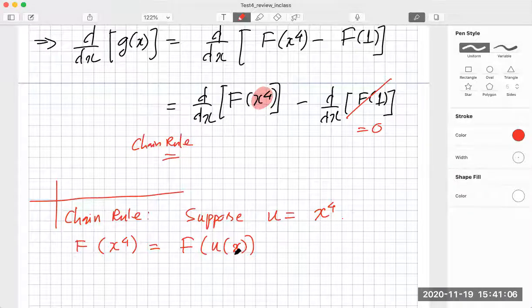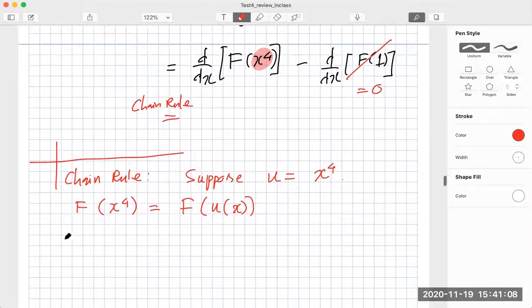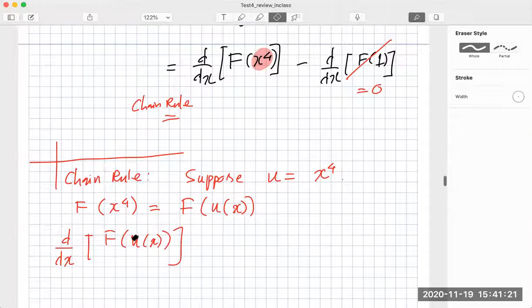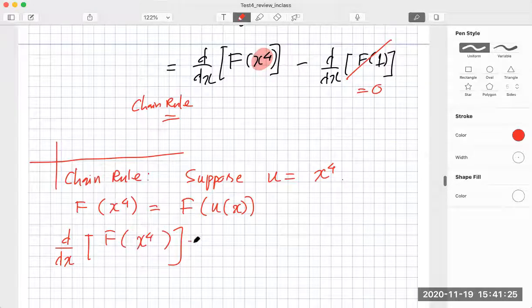Yeah. Okay, very good. Now our job is to compute d over dx of the function f of u of x. We just rewrite. Let me write it this way: d over dx of f of x to the fourth is the same as d over dx of f of u of x.